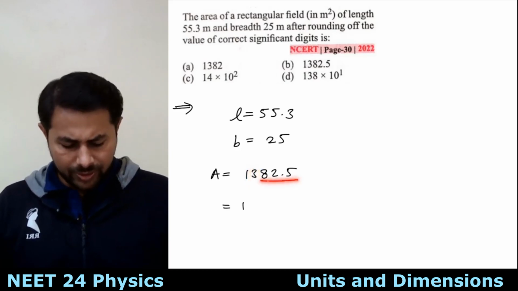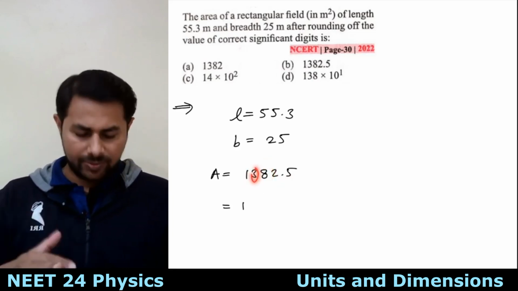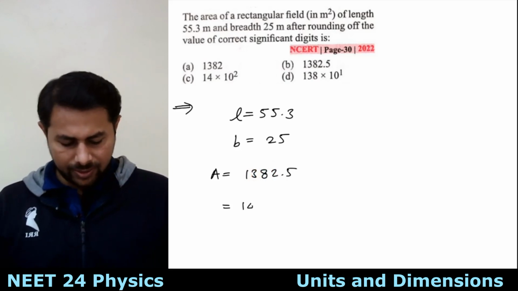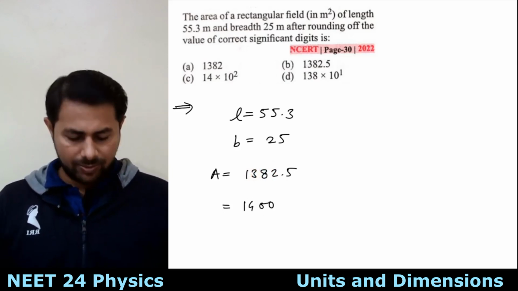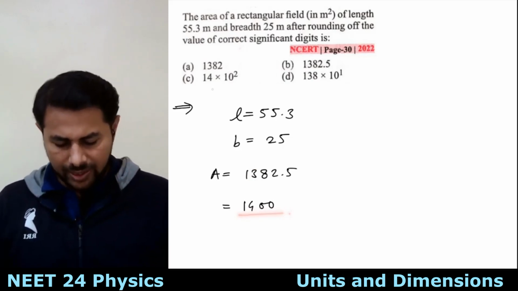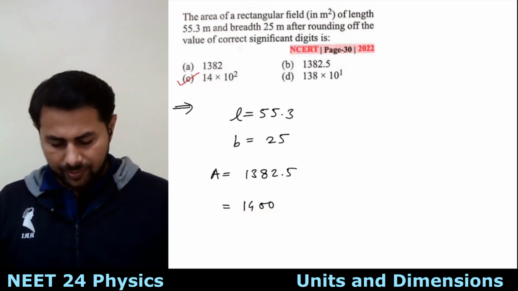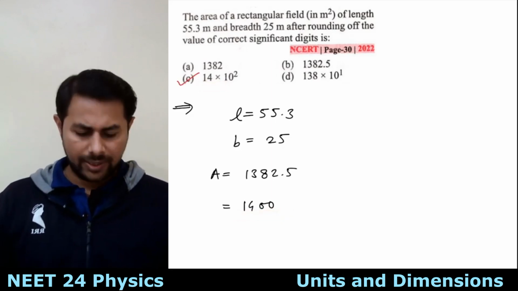The third one is greater than 5, so this digit you will increase by 1. So this is 1400, and you can write it as 14 into 10 raised to 2. That's correct, right? Very, very simple.